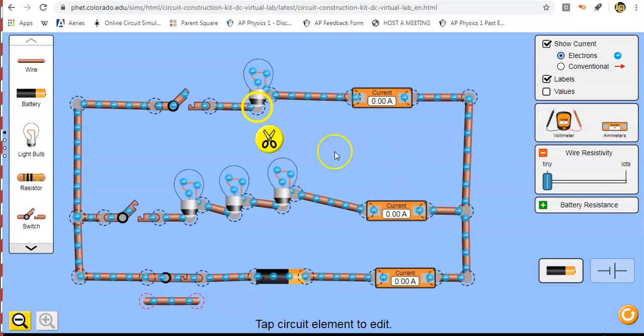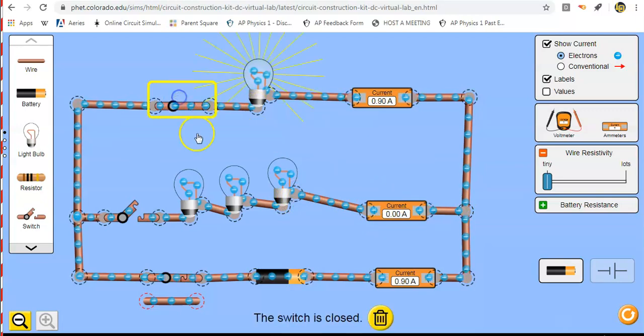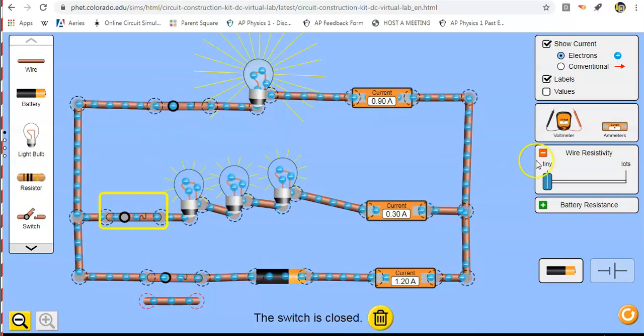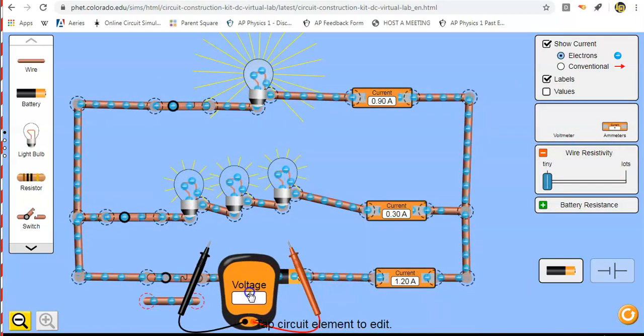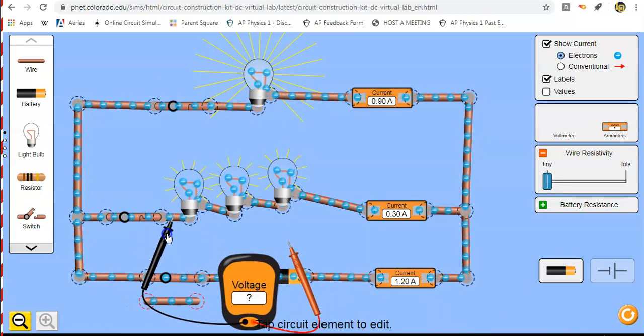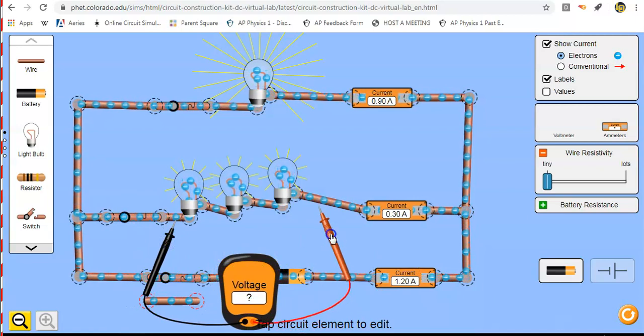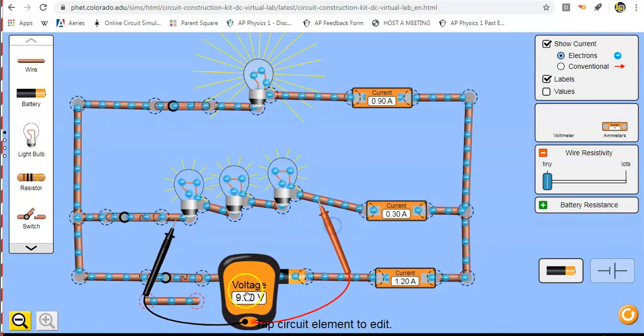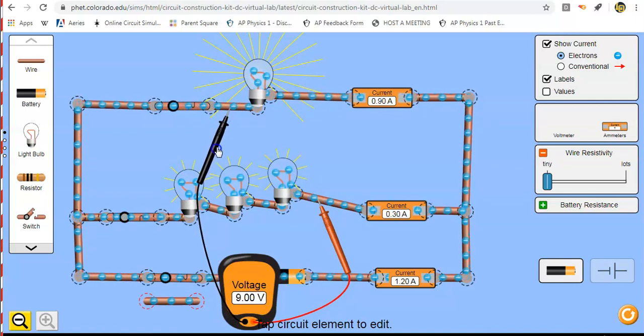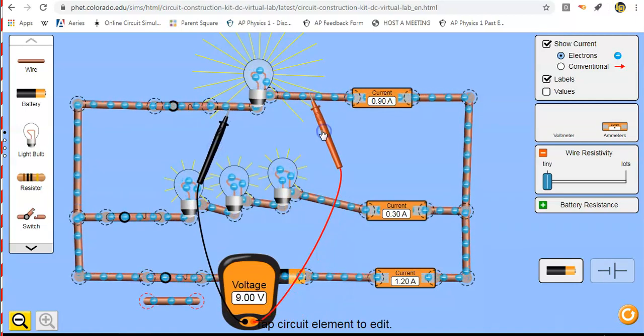So they're said to be in parallel, and if they're in parallel, and we use a voltmeter, then across these three, if I do all of them, there is going to be 9 volts across them. And over here, there will be 9 volts across them as well. Okay?